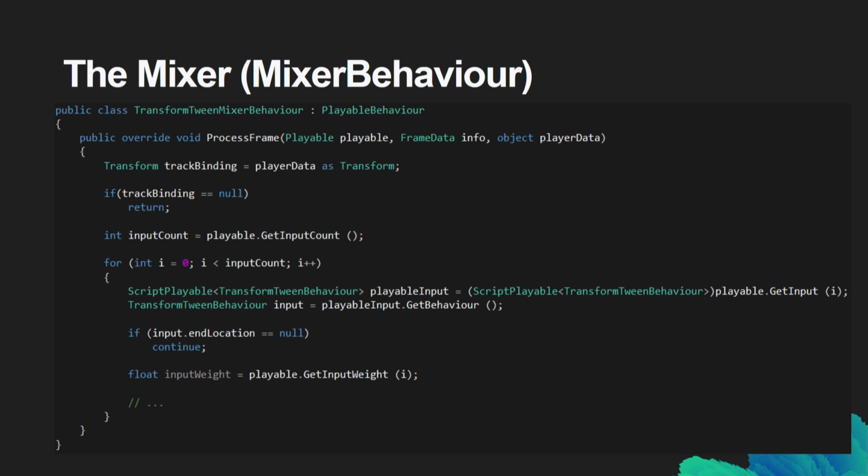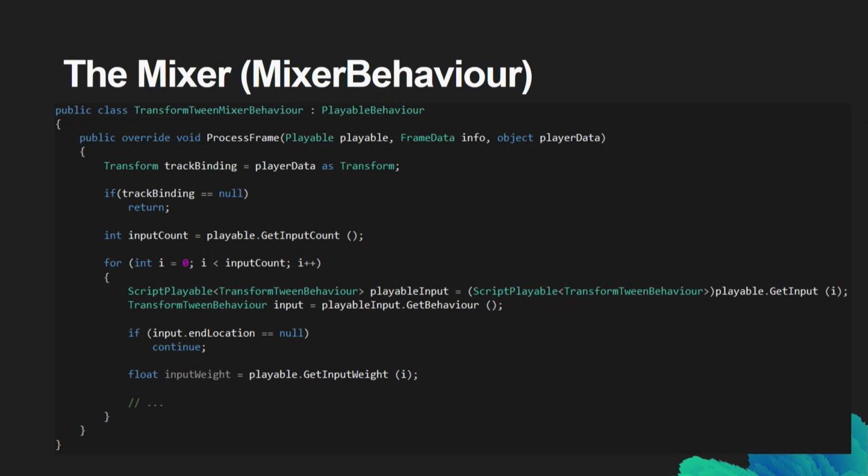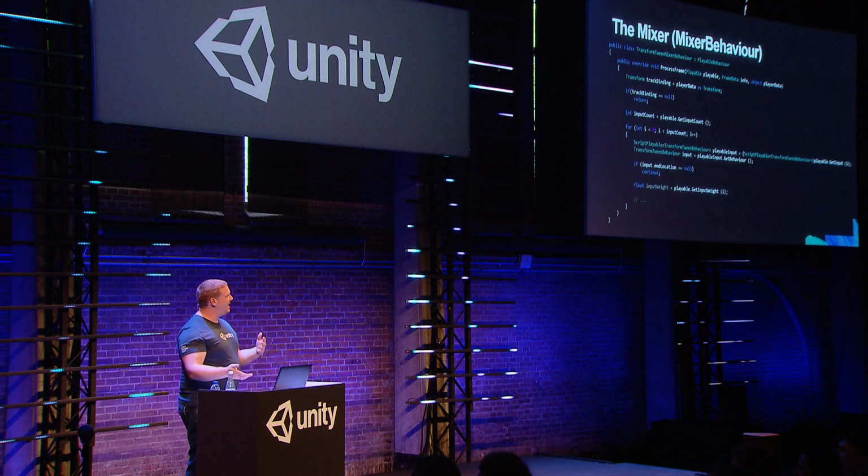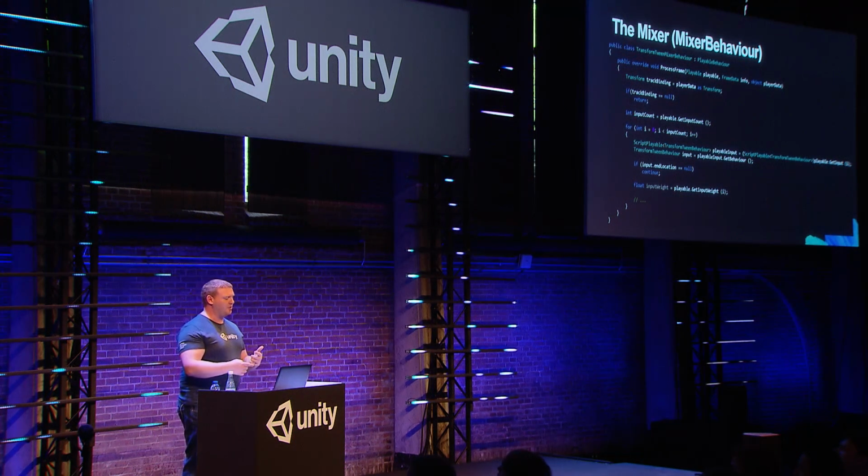But assuming we have found a track binding, we actually want to start doing some blending work. So the next thing we need to do is find the input count. Now, the input count is how many clips there are on that track. So if you have 15 clips, then the input count is going to be 15, and you'll be able to iterate through all of those using a for loop, find the various clips, find their data, and then from that, you can decide how you want to affect information.